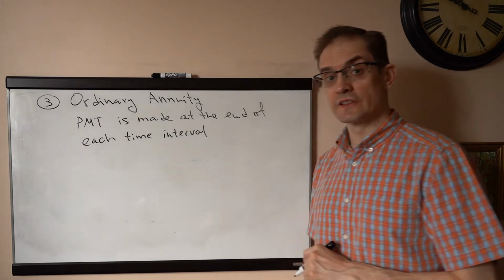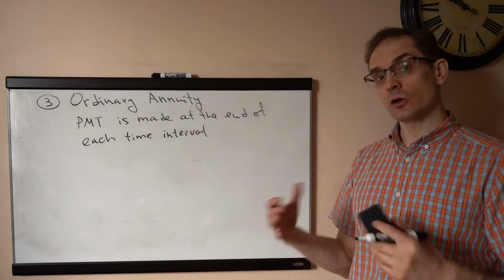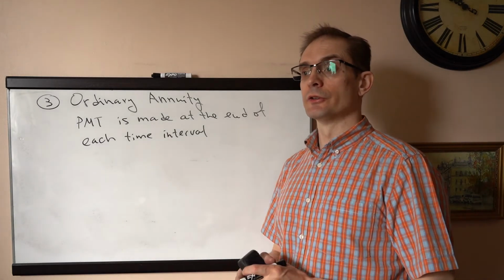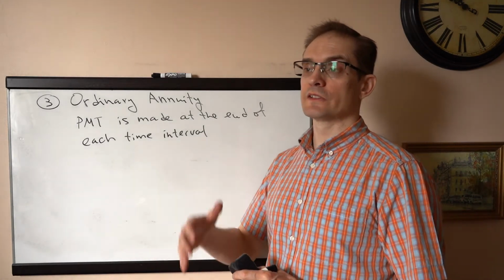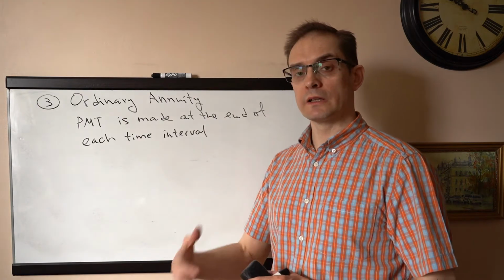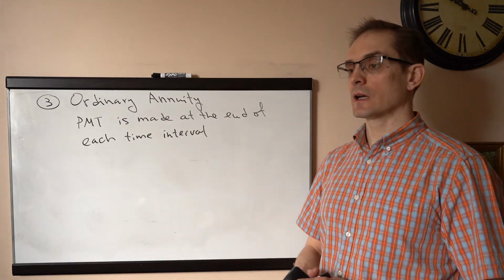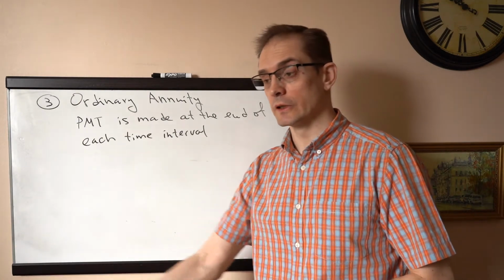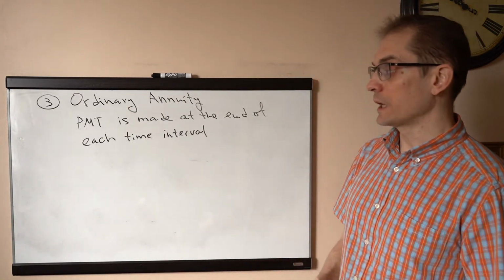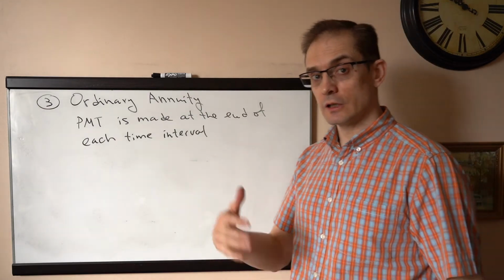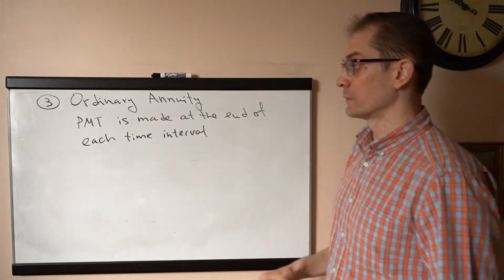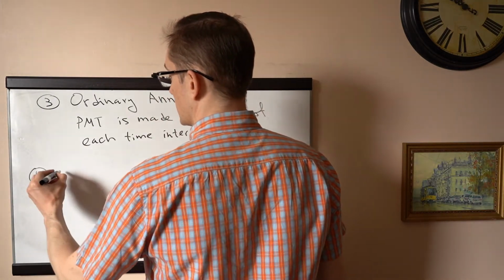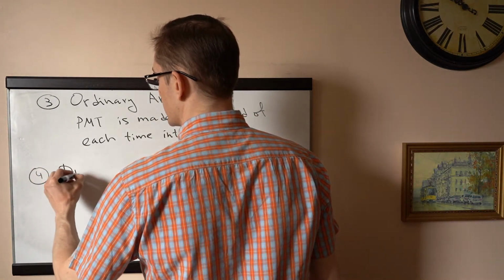The examples that we talked about so far were examples of ordinary annuity, because when we saved, you remember when we paid $100 into the account, that was done at the end of each year, so at the end of each period. When you pay your payment at the end of each period, that is an ordinary annuity. And finally, we'll have a due annuity.